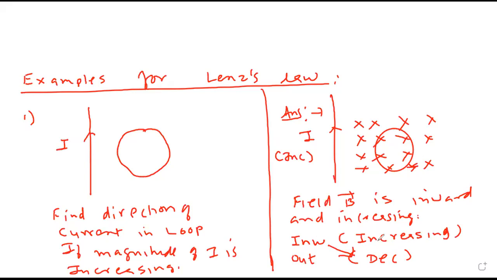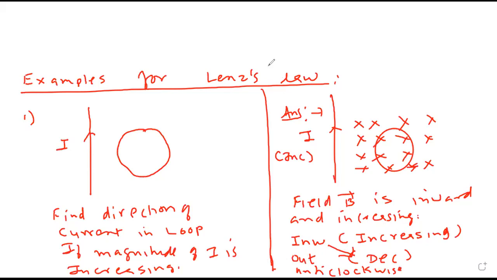If I have to decrease it, I have to apply an opposing vector. So inward will be decreased by outward. If outward field, then current should be in the anti-clockwise direction. Yes, sir. Outward means anti-clockwise.